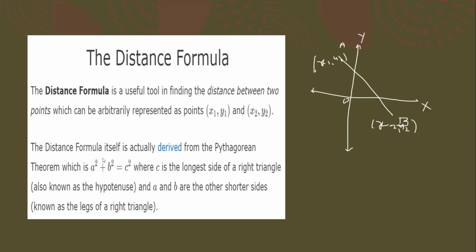Now, the distance formula itself is actually derived from the Pythagorean theorem, which is a squared plus b squared is equal to c squared, where c is the longest side of the right triangle, also known as the hypotenuse, and a and b are the other shorter sides known as the legs of the right angle triangle. So here you can construct the right angle triangle also, and by using the Pythagoras theorem, you can find the length of AB, that is the hypotenuse.